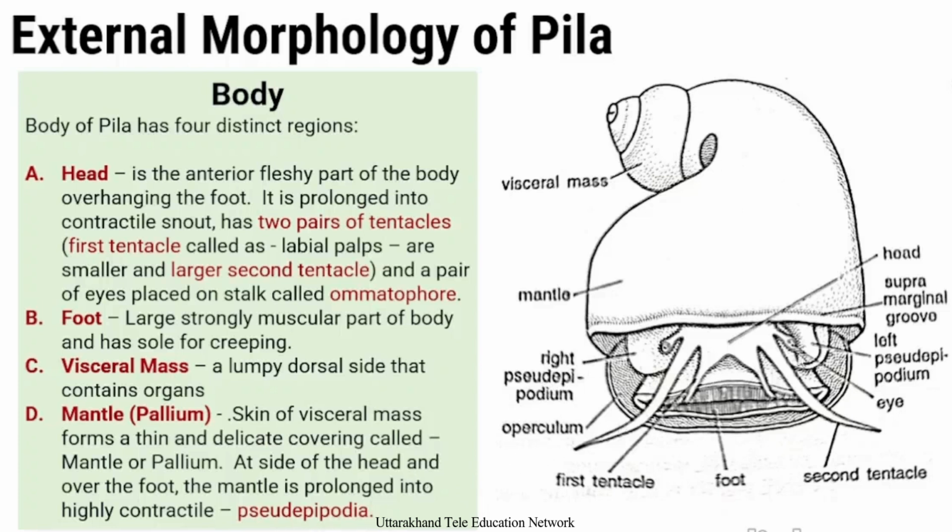So now you can understand how Pila looks when it comes out from its shell. There are two large tentacles, then two small tentacles, and here is the foot, and these are two eyes, and the whole visceral mass. So this is the external morphology of Pila.